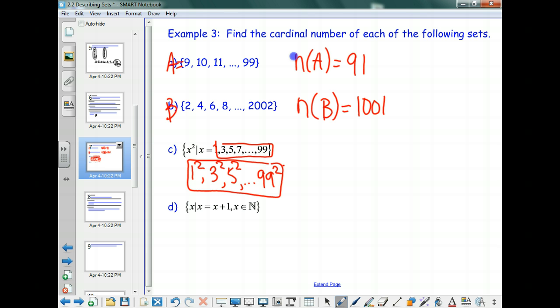Why 50? Because really this is just the odd numbers between 1 and 100. Starting at 1 and ending at 100, there would be 100 numbers, right? But I only have the odds between 1 and 100, which is half of them. So if this is set C, then the number of items in set C is actually 50.